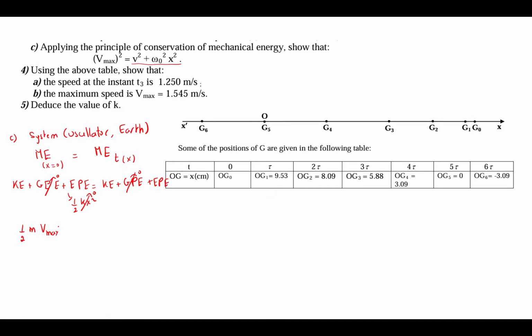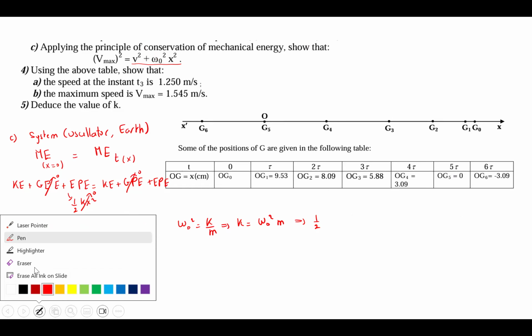So I write here v maximum square and equal KE, it's half mv square, it's any instant, and EPE, it's half kx square any instant. We notice there's no k in the equation that we have to reach, but I also know that omega 0 square is equal to k over m, which means I can substitute k by omega 0 square times m. Now let's do the substitution here. So we'll get as answer half. Okay, I'll do it here.